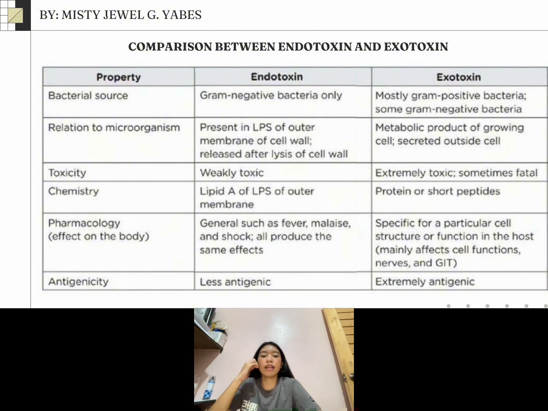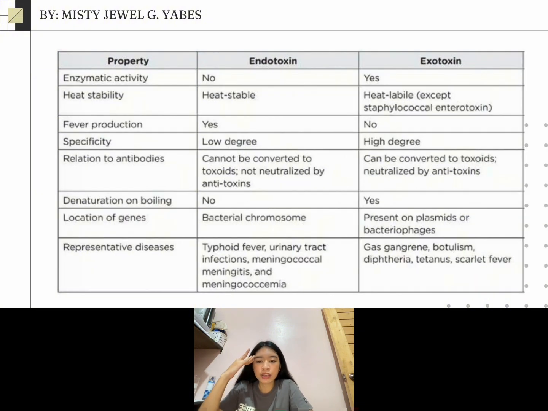We have the endotoxin being less antigenic, and our exotoxin being extremely antigenic. Okay, for our table number 2, yung sa kanilang enzymatic activity naman, ayan.